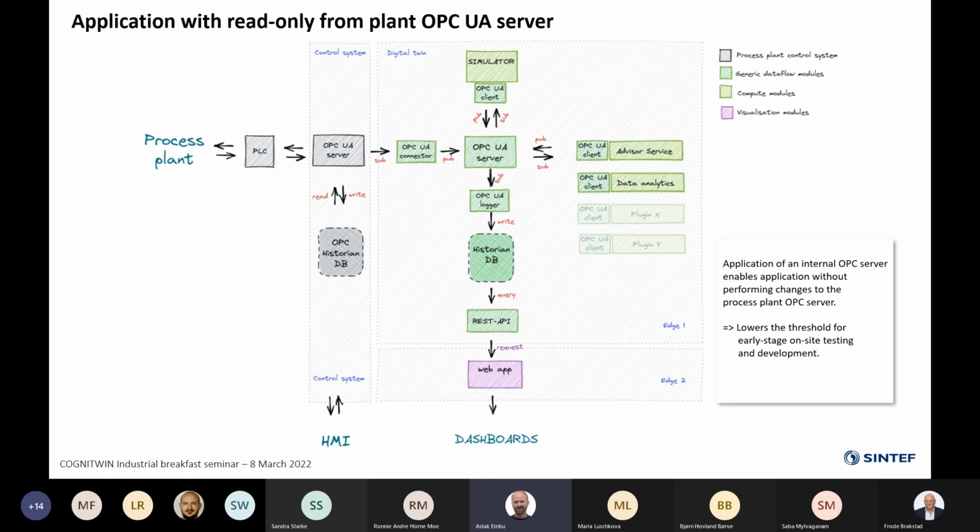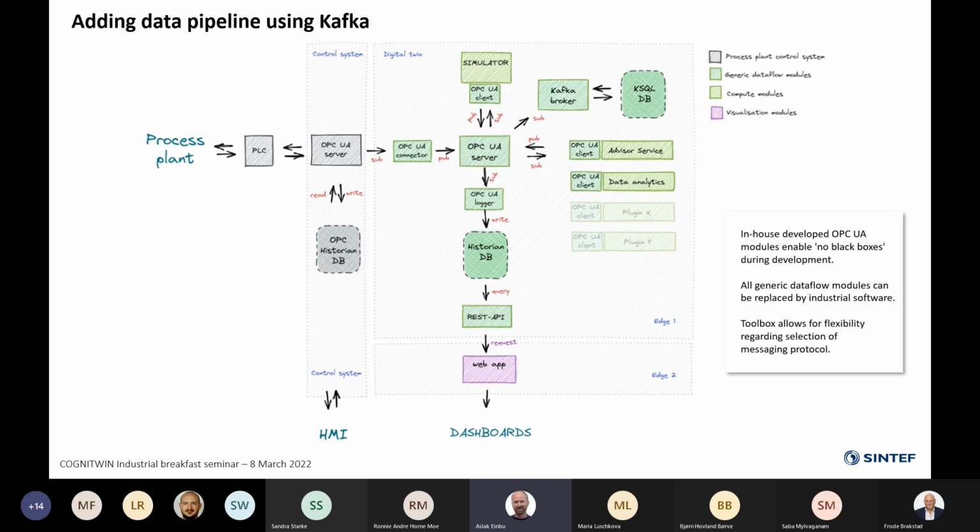Another important thing for this customer is that they want to have access to the data from the different plants, and we wanted to set up a pipeline bringing that data into some kind of central data analytics tools. So in that case, we also have set up Kafka, which is also part of the toolbox.